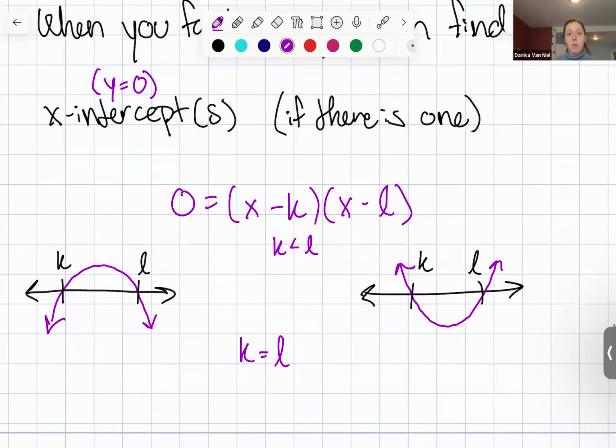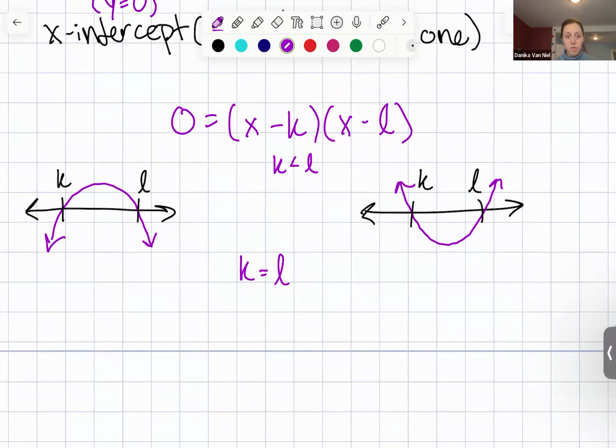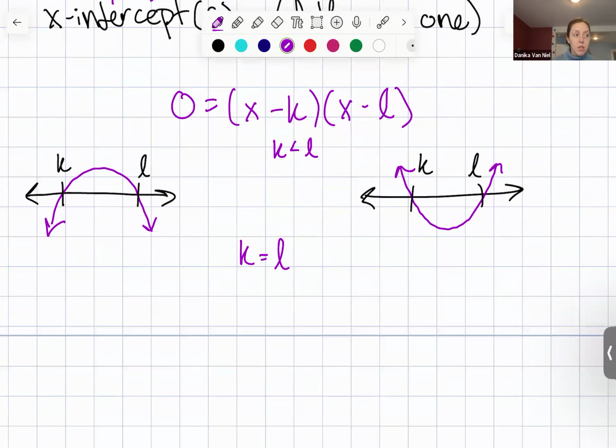Really the main things that you need to memorize are the general formula, and y-intercept is when x equals 0, x-intercept is when y equals 0. And you need to factor and do all this other stuff. So what are the two things that we could look like? We could look like this, or we could look like this.